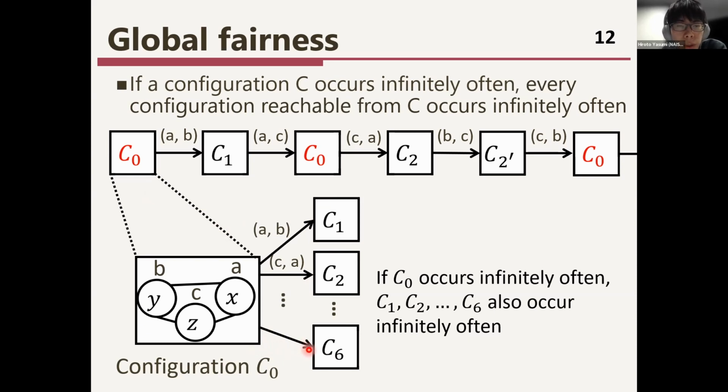In this example, C1 to C6 are reachable from C0. Then these C1 to C6 also occur infinitely often. Intuitively, global fairness guarantees that if a configuration can occur infinitely often, then the configuration actually occurs.